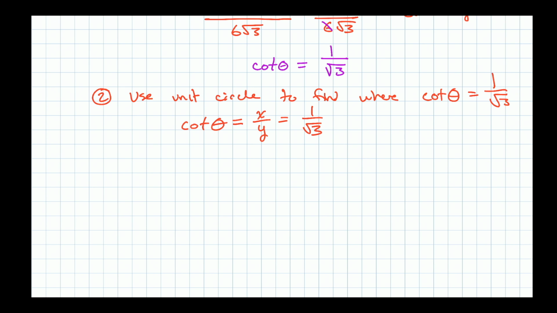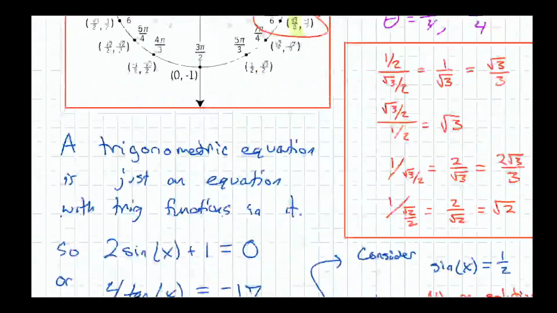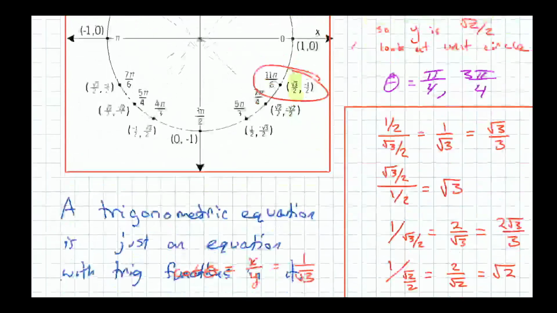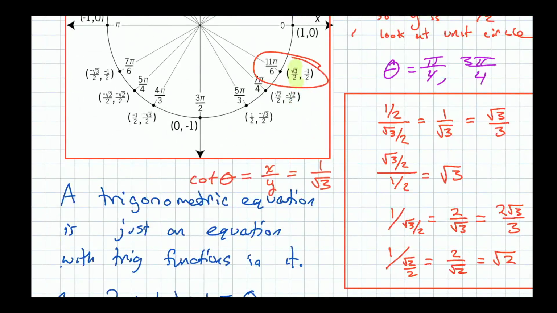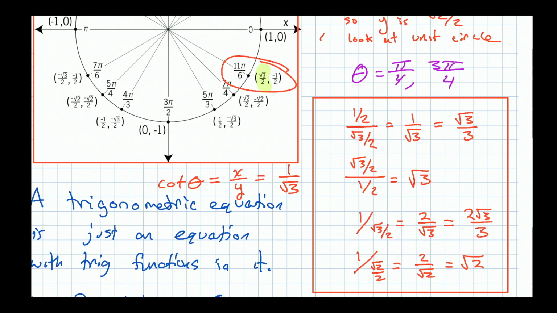So let me cut this out here, and we can duplicate it. And let's move this up to where the unit circle is. Okay, move this down. We'll put it right here. Right, so we're looking for where the cotangent, which is x over y, is 1 over the square root of 3. And so I helpfully put these values here.